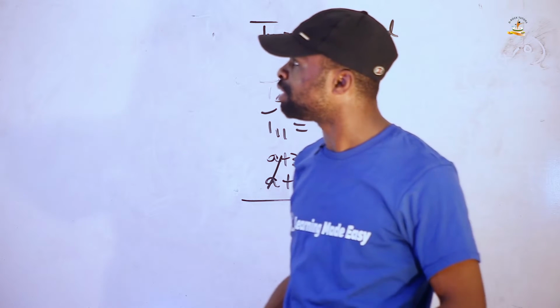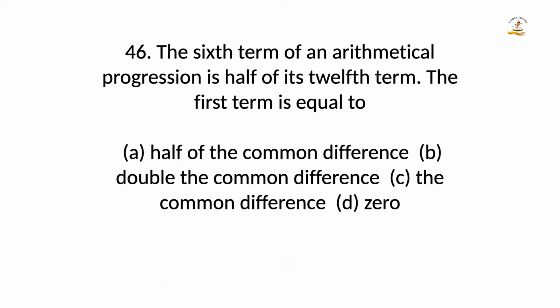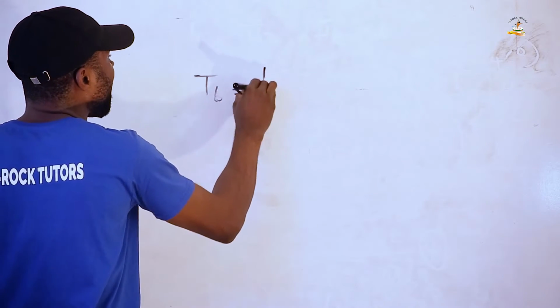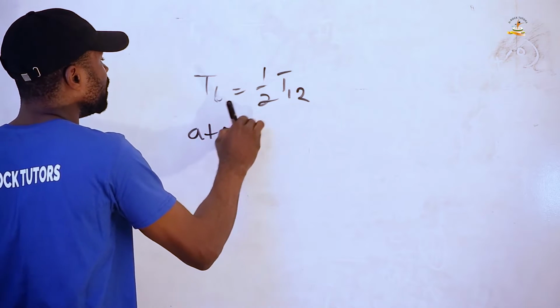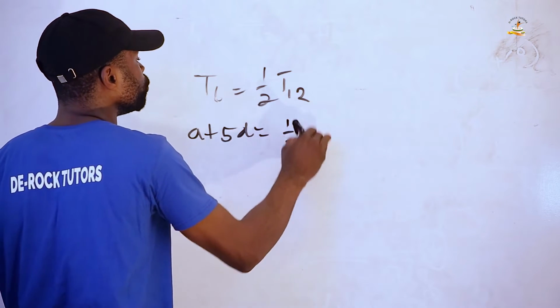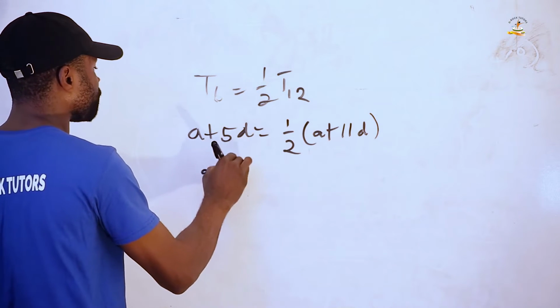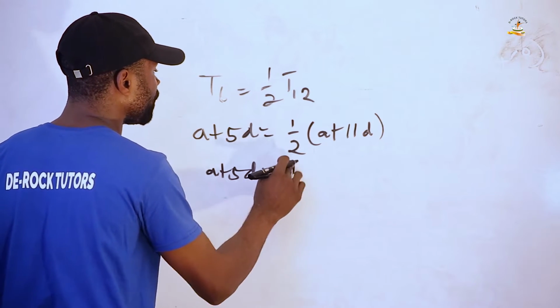The next question is question number 46. This question is given as a word problem, and it is given that the 6th term of an AP is half of its 12th term. This is the relationship that connects the two. The 6th term is half of the 12th term. This is A plus 5D equal to half into A plus 11D.